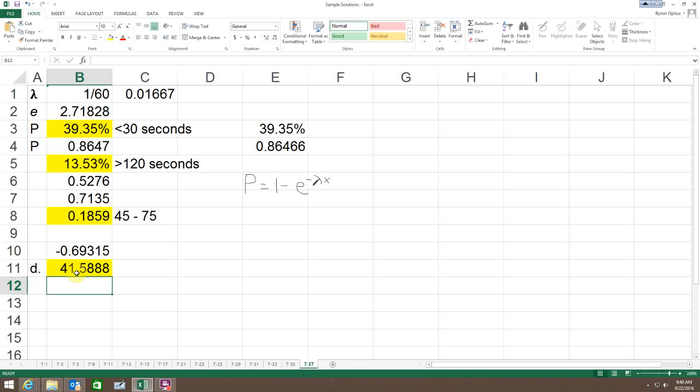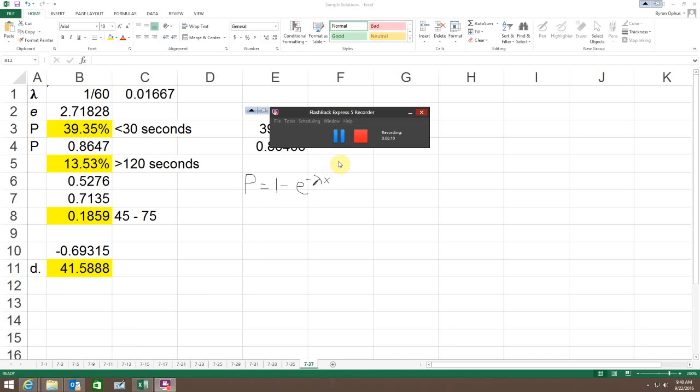That kind of makes sense. If our mean is 60, this is relatively close. Half would be faster and half would be slower than that. Relatively close to the mean, not that it always is. So there you have it. Again, a little bit gnarly, and the last question would probably be listed as extra credit or bonus.